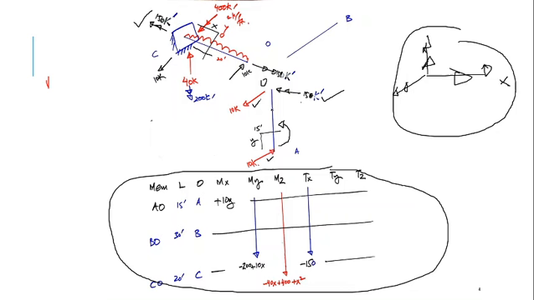This 10 kip has to be balanced somewhere at joint O. It cannot be balanced here. I cannot apply 10 kip here due to this 10 kip because there is no support here. I've made it a determinate structure by removing these two supports.